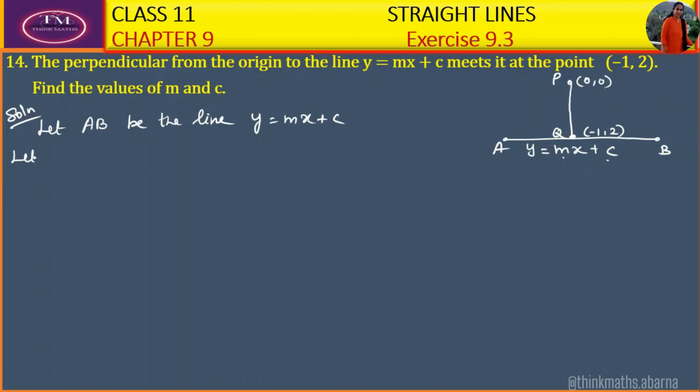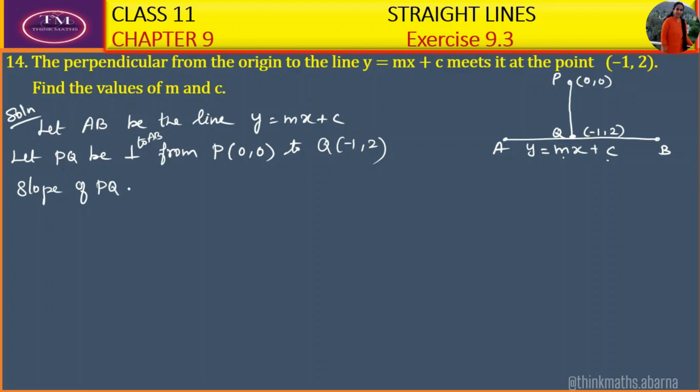Then let PQ be the perpendicular from P of 0 comma 0 to AB, so it is from P of 0 comma 0, the origin, to Q of minus 1 comma 2. So therefore the slope of PQ: if 2 points are there, we can find out the slope using y2 minus y1 divided by x2 minus x1. So y2 is 2 and y1 is 0, x2 is minus 1 and x1 is 0.